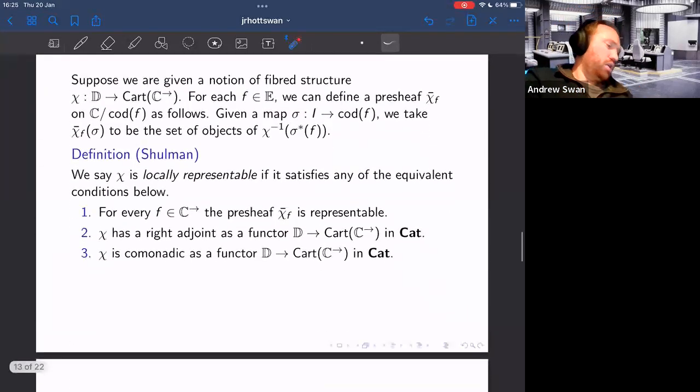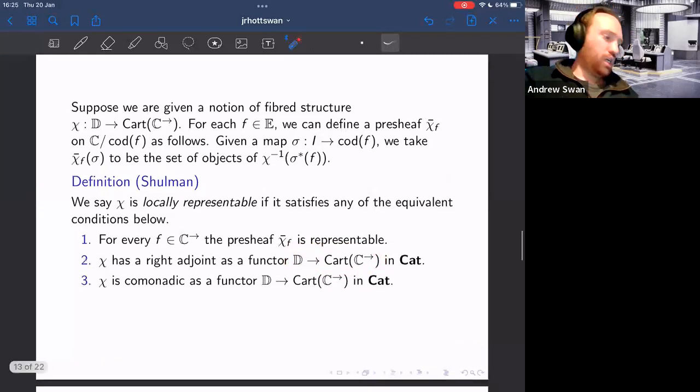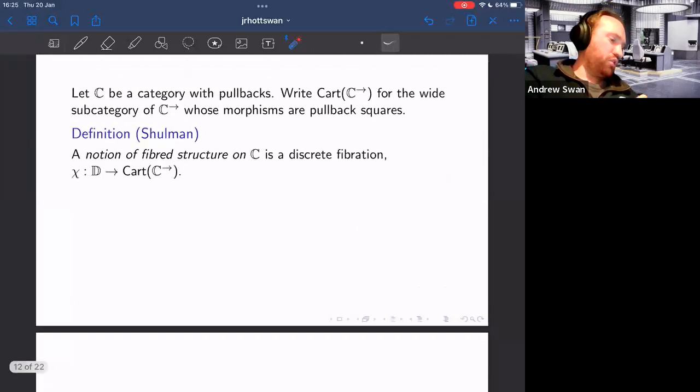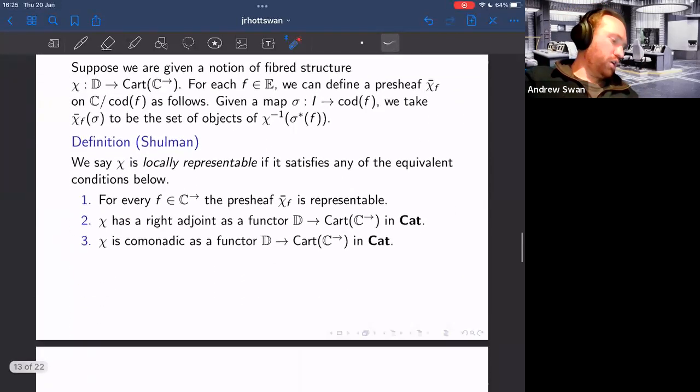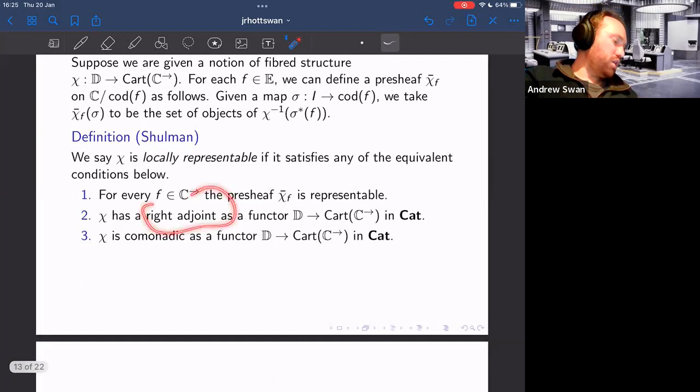And then we say that this notion of fibration structure is locally representable if it has a right adjoint as a functor. It's a discrete fibration, so in particular it has an underlying functor, and it's locally representable if this is a right adjoint, and equivalently it's comonadic.